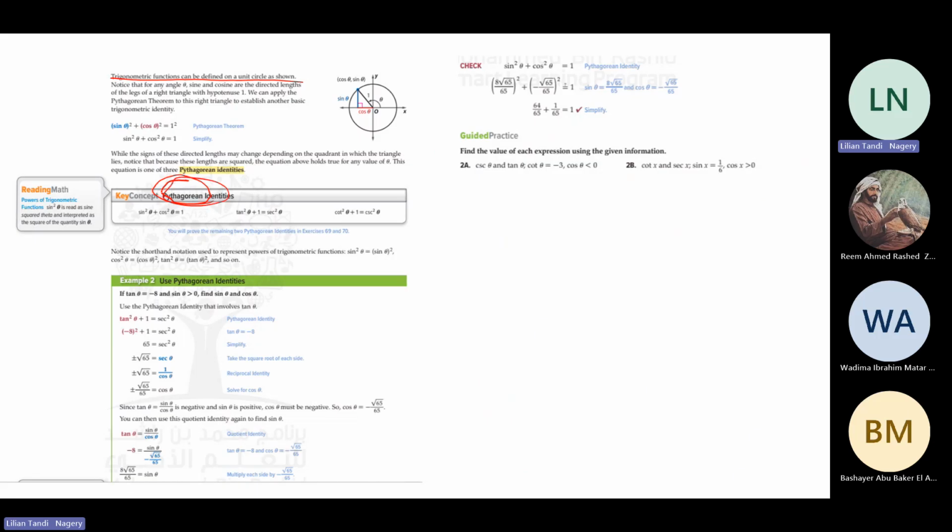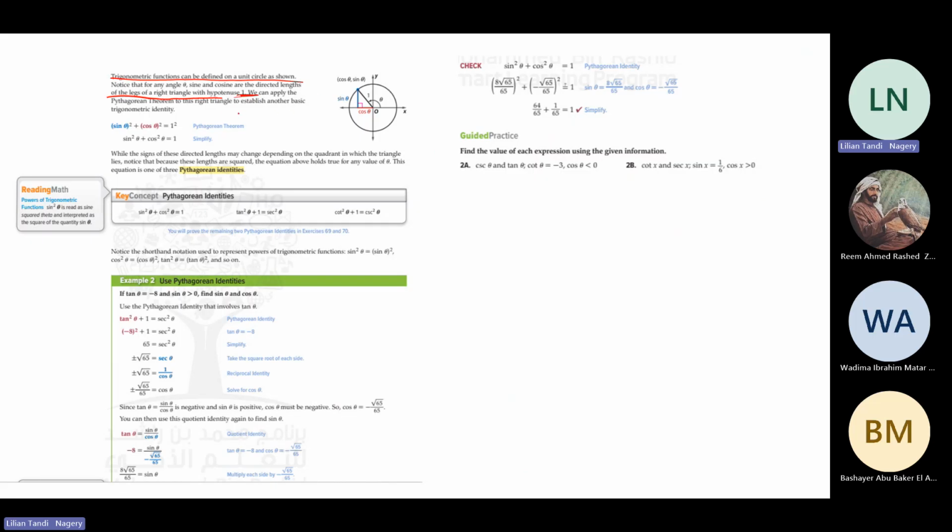Pythagorean. Okay? So the horizontal and the vertical length are called legs of the right triangle. And the hypotenuse, the diagonal line, will always be 1, always.